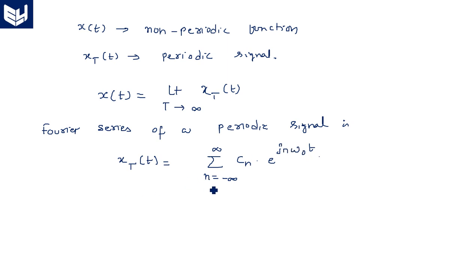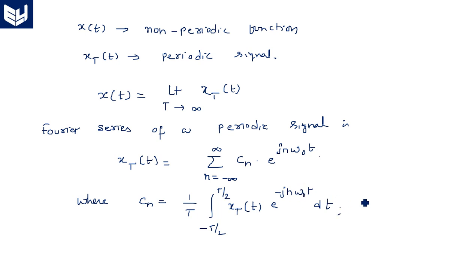Okay, so what do we mean by C_n? Already we know, C_n is a coefficient given by 1 by T integral minus T by 2 to T by 2, or simply you can take t naught to t naught plus capital T, x_T of t e power minus j n omega naught t dt, because we are taking the signal x_T of t as the periodic signal.